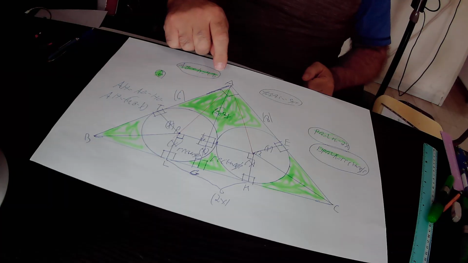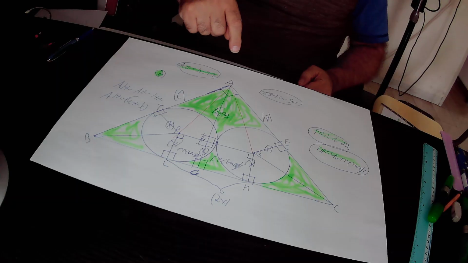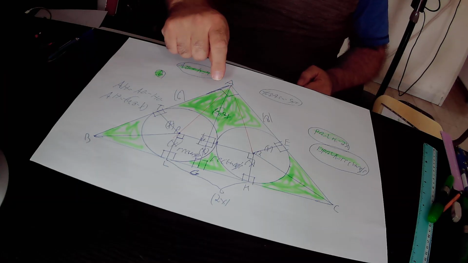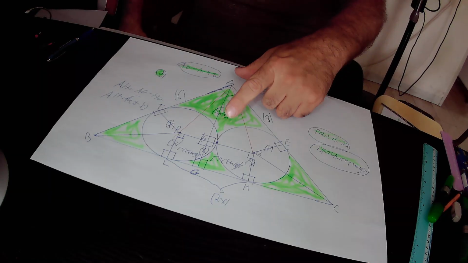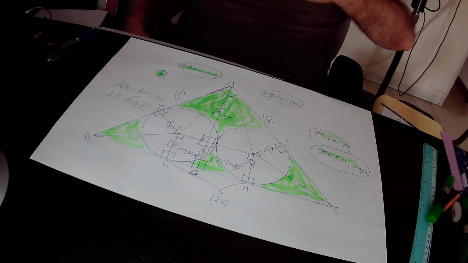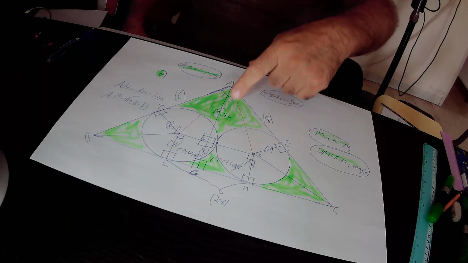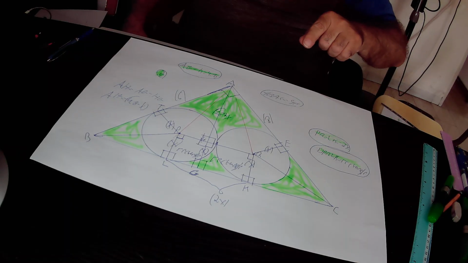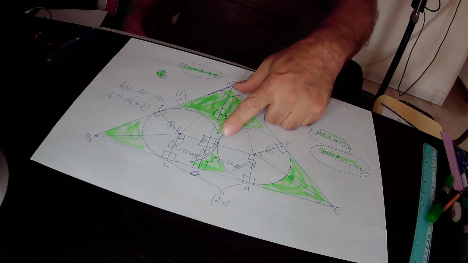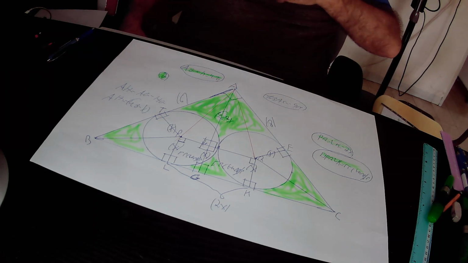So, in triangle APQ, the base PQ equals 2x, and we have the height to the base, AH. So what is the length of the height to the base AH? First of all, we know that AH equals AG minus HG.